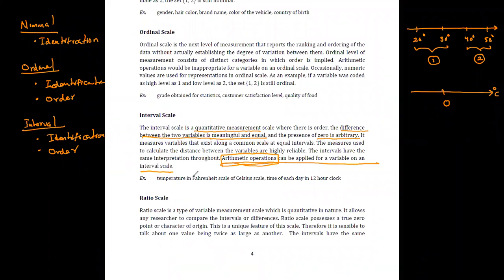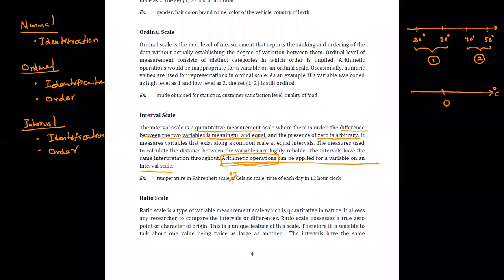The first example I have taken here is temperature in the Fahrenheit scale, or actually this is the Celsius scale, not the Kelvin. If you are measuring the temperature in the Fahrenheit scale or the Celsius scale, we can consider it an interval scale.